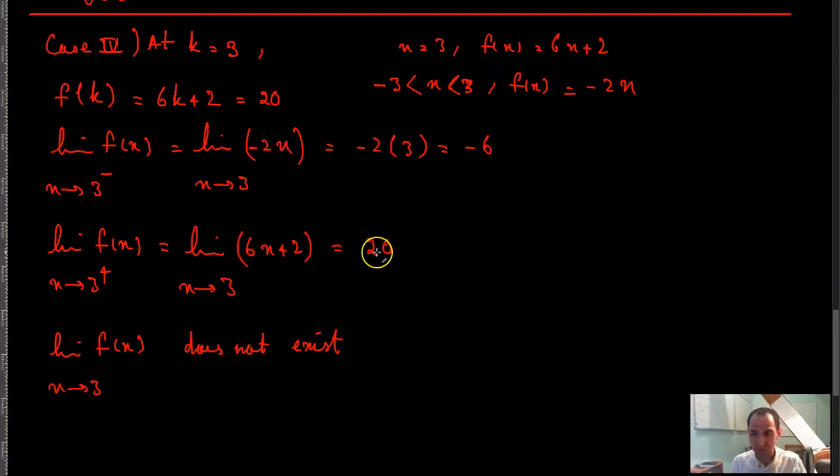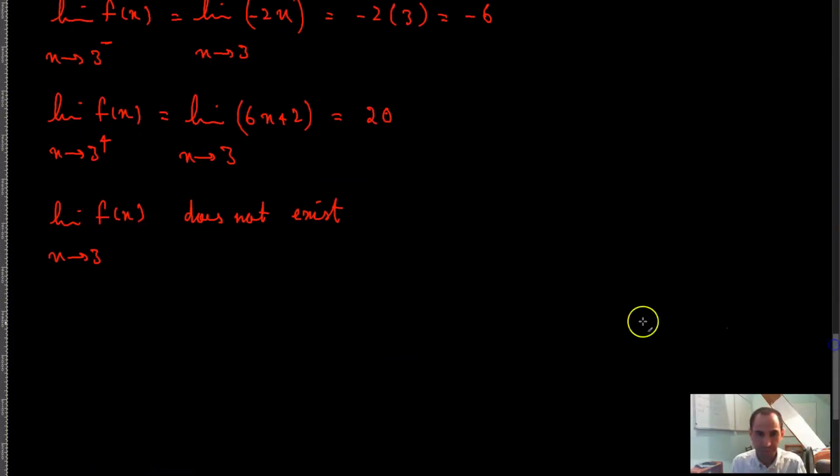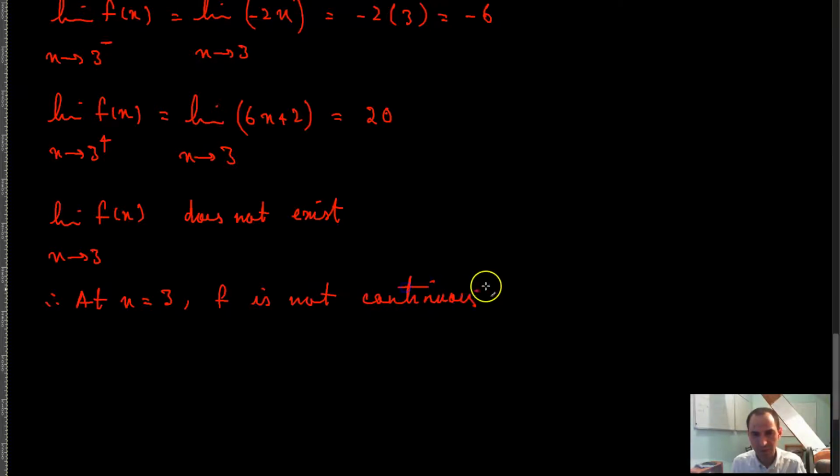So there is a discontinuity here. Since this limit does not exist at x equal to 3, f is not continuous. So this was case number 4.